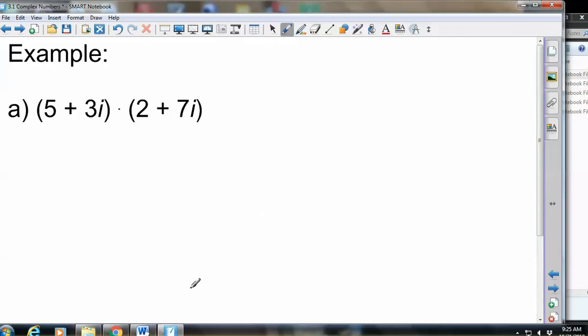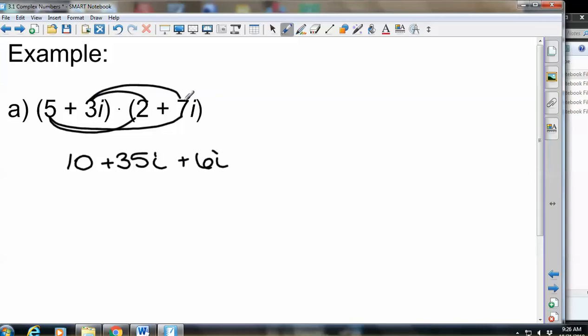FOIL. Anytime you have two binomials being multiplied together, we just have to start with FOIL. Okay, so first, 5 times 2 will give us 10, plus 35i, plus 6i, minus 8, 20, plus 21i squared, minus 21.